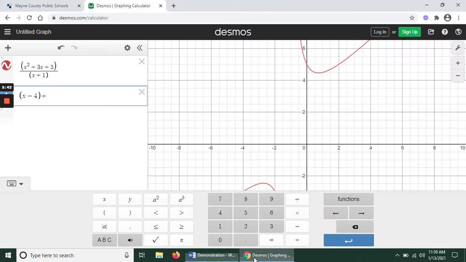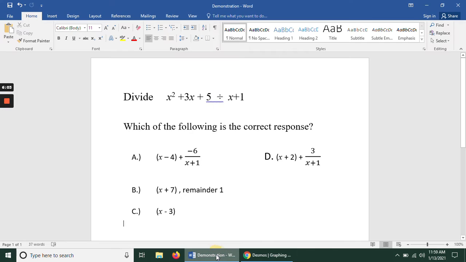So negative 6 over, I'm going to use division, just like that, and then I'm going to use parentheses, x plus 1.